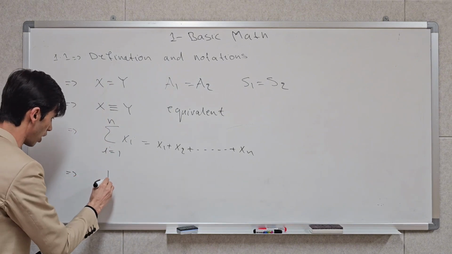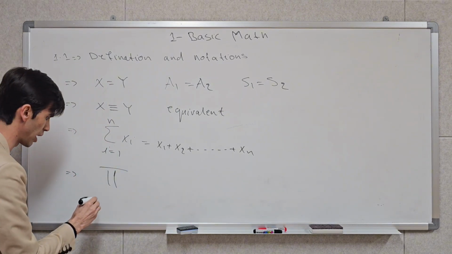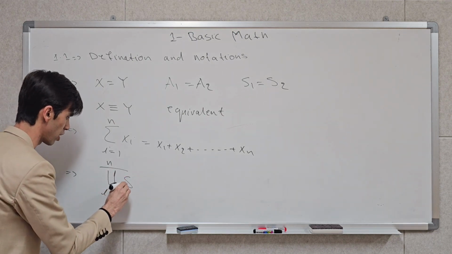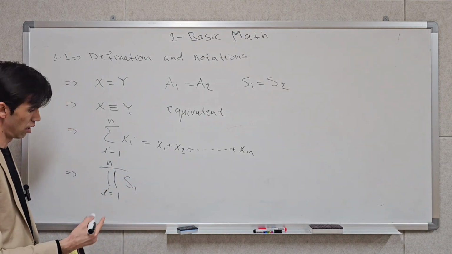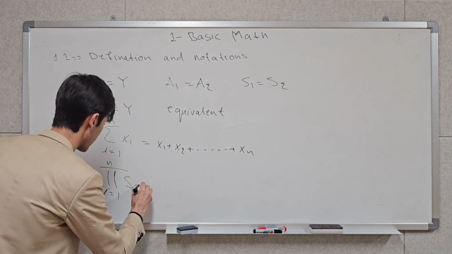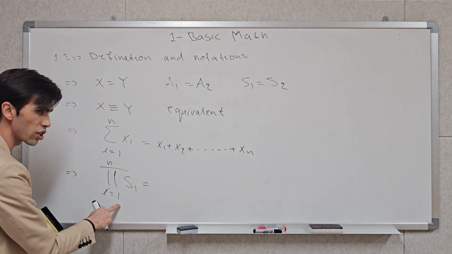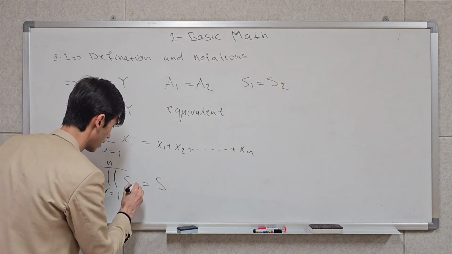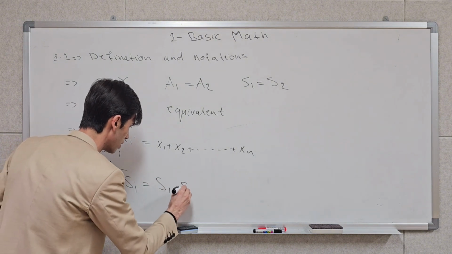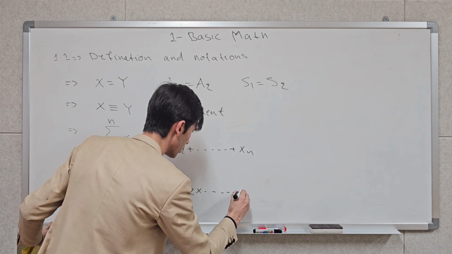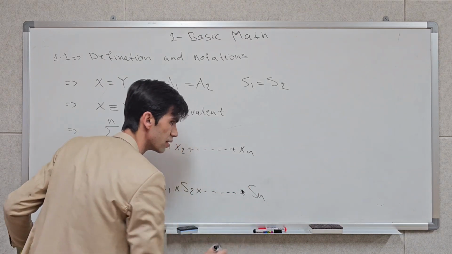And also we have this sign, big pi, from i from 1 to n, for example, Si, or again Xi or Yi. This sign means cross product or multiplication. It means S1 multiplied by S2 up to Sn.